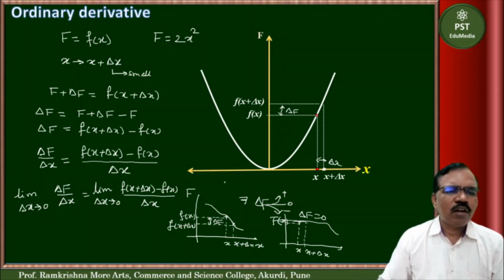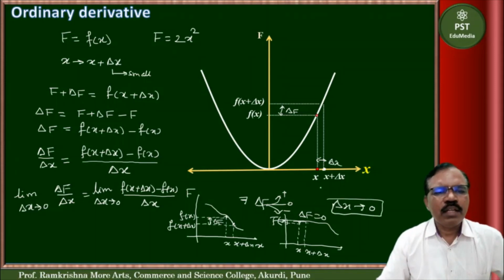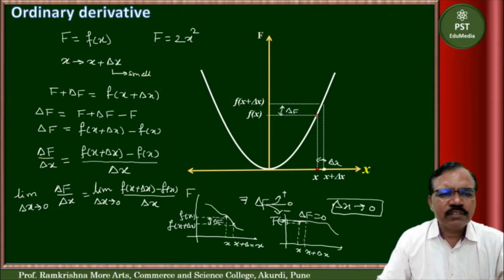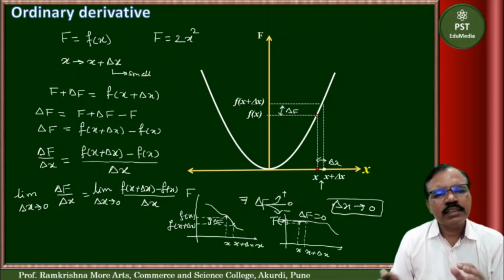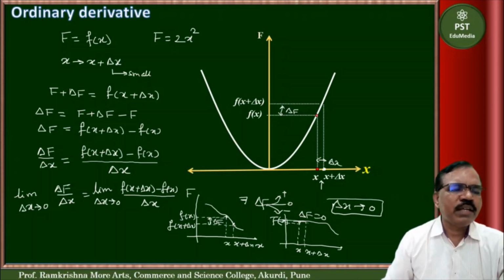Now what is the meaning of delta x tends to 0? What is the meaning of this? It means this difference is very small. This difference is very small means x plus delta x is very close to x. Means x plus delta x is in the neighborhood of x. And this gives the behavior of function in the neighborhood of x.